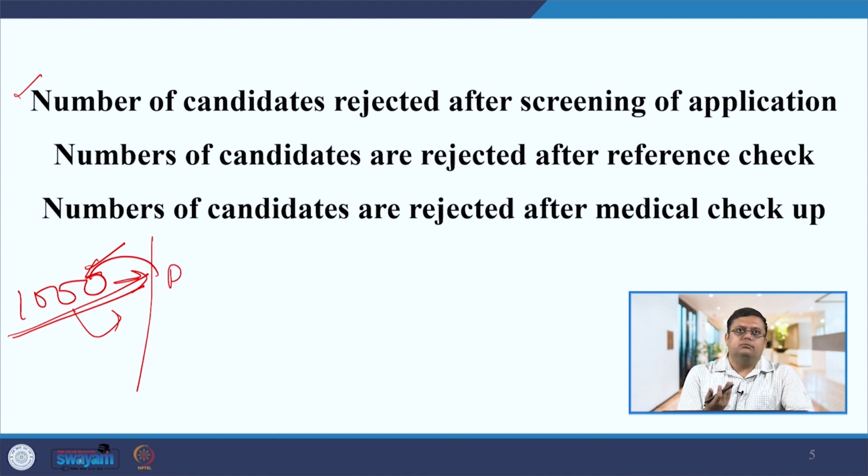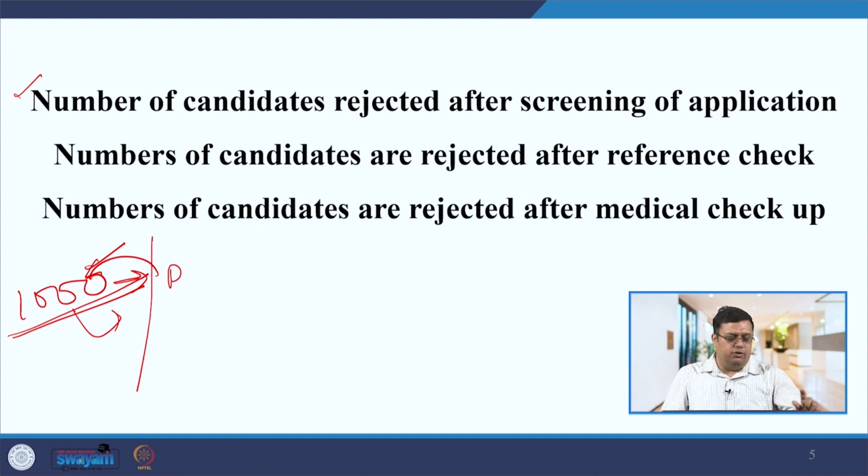Now you cannot take the interview of 1000 people, because if you want to give an opportunity to all people, it will take time and involve certain cost, right. You were not expecting to receive 1000 applications for this post, but you received them.